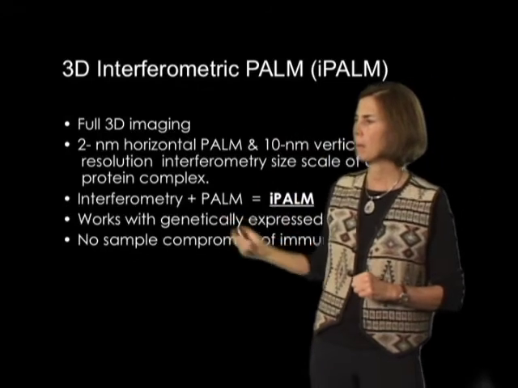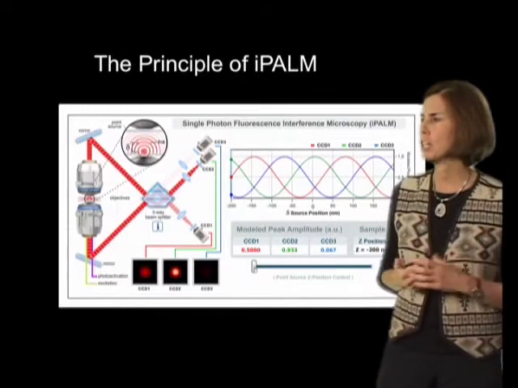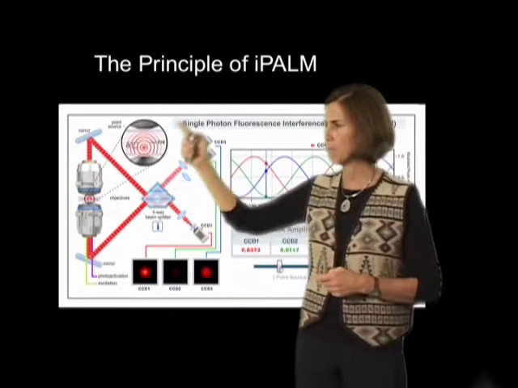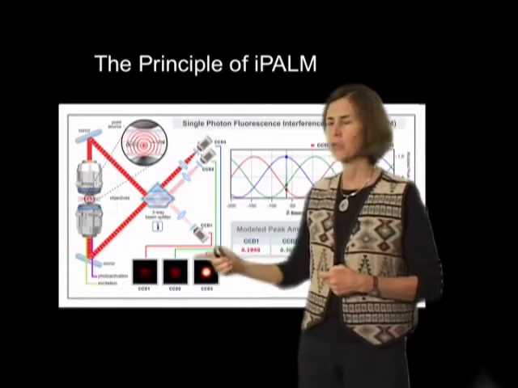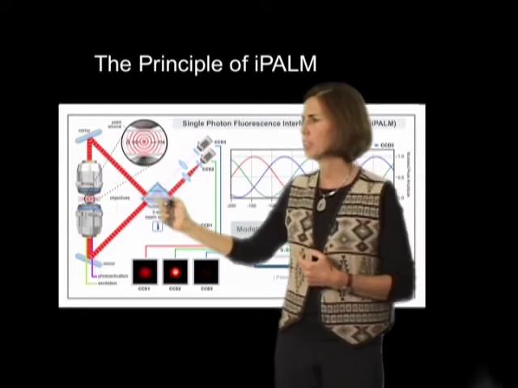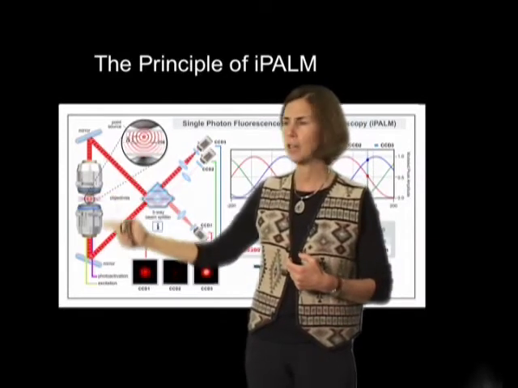And iPALM essentially couples an interferometric strategy to PALM imaging. So in this little QuickTime movie here, this illustrates the basic principle of iPALM. Essentially, a specimen is being imaged by two different objectives.